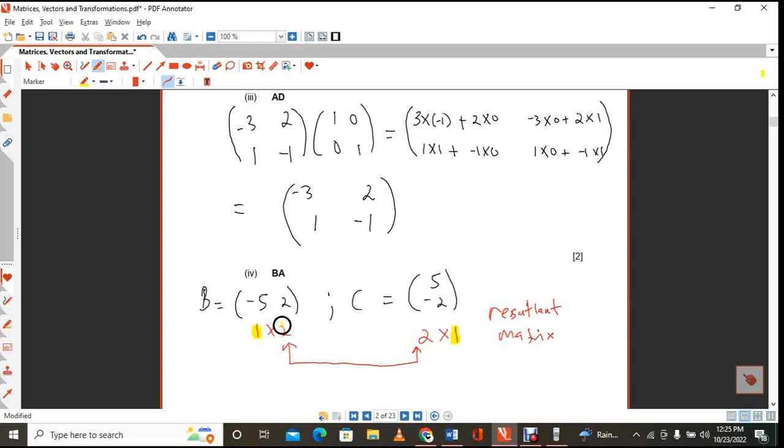So it's B. Aha, I wrote down the wrong one. It's supposed to be matrix A, not matrix C. So let's just get rid of matrix C, and then we'll see what is our resultant. Matrix A, of course, we have it there, was nothing but -3, 2, 1, -1. And this was a 2 by 2 matrix.